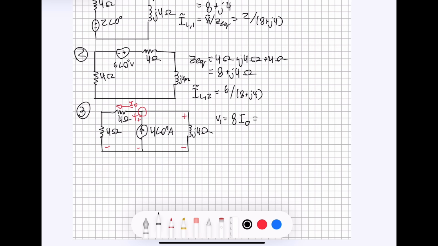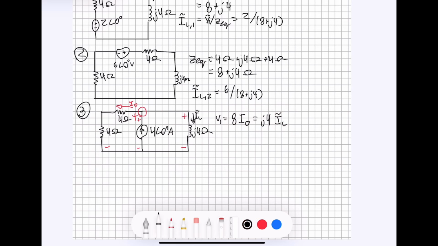And since the voltage drop across this branch is going to be equal to the voltage drop across that branch, we can also say that the impedance here, j4, times IL, which is going into the inductor here, is going to be equal. So now we have this equation relating those 2 terms.